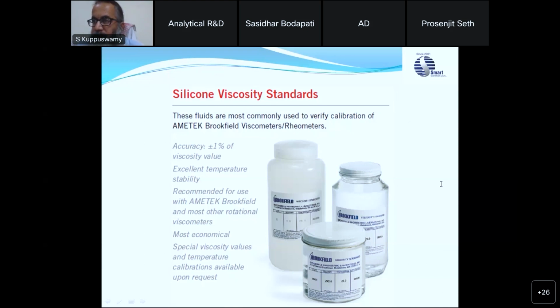Sir, if you want to check the gel timer of your sample, we have another model of instrument, the gel timer instrument. You can check the viscosity with respect to the gel time, both. Can you share that information with us? Yes, we will share.